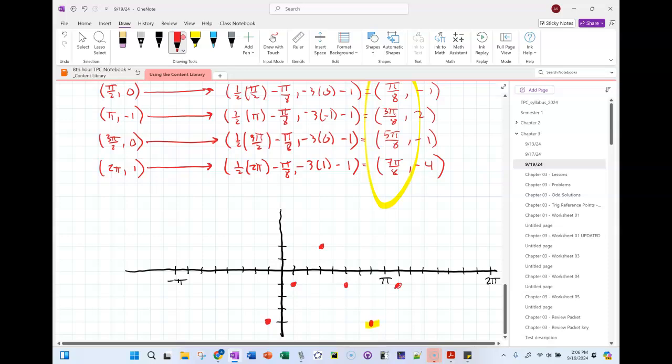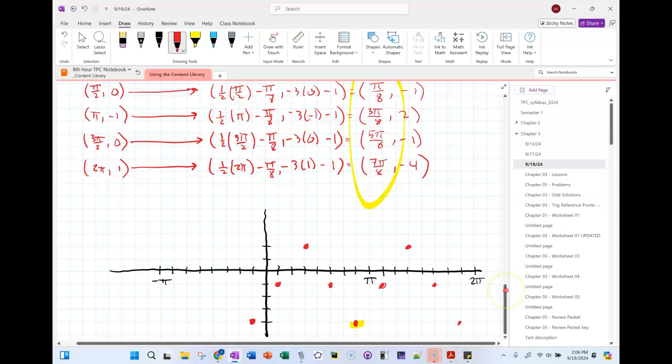And I'll do it again. Over 2, up 3. Now I'm at a maximum, so instead of going up 3, I'm just going to go down 3. So I'll go over 2, down 3, over 2, down 3, over 2, and then up 3. And I'll do the same thing in the reverse direction.